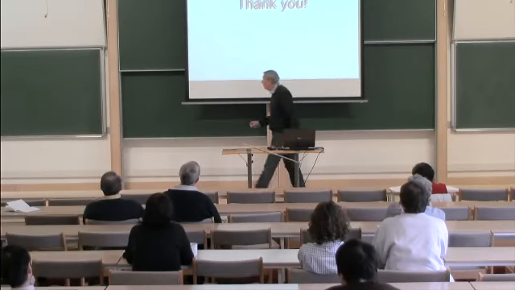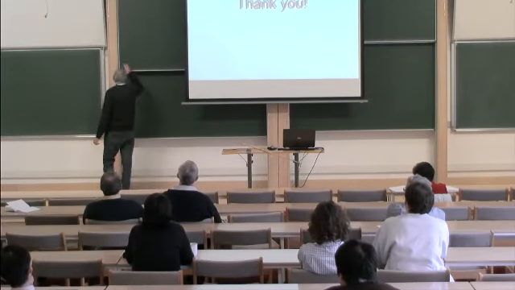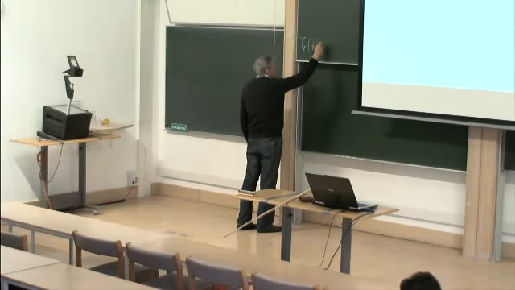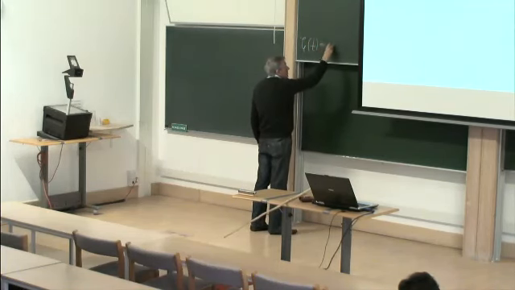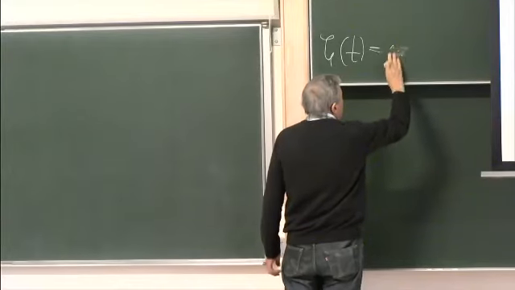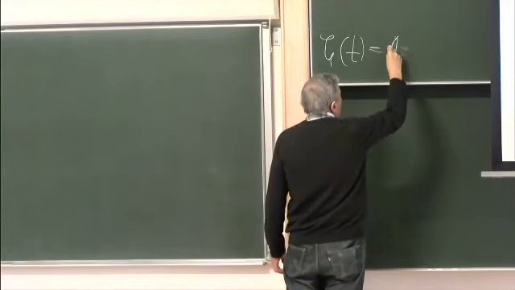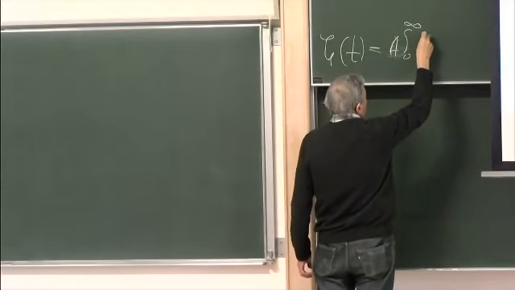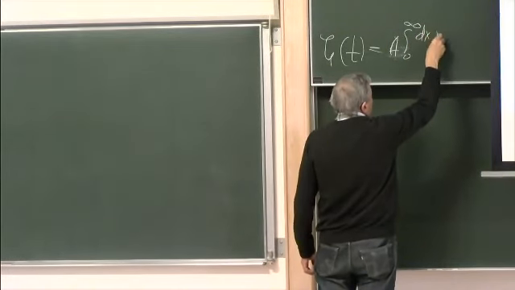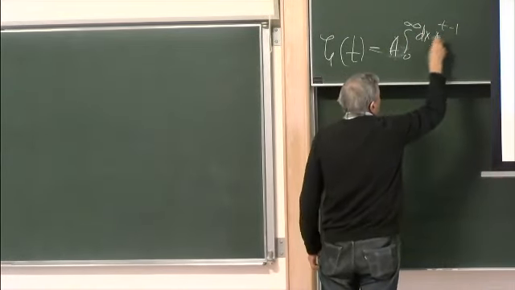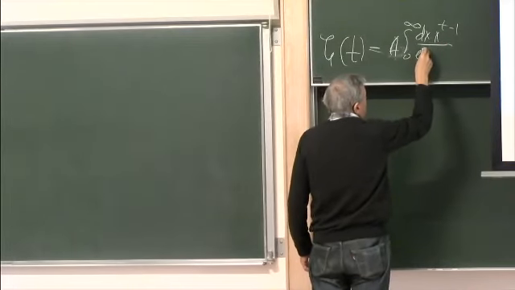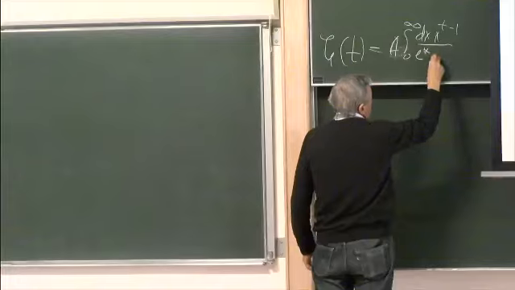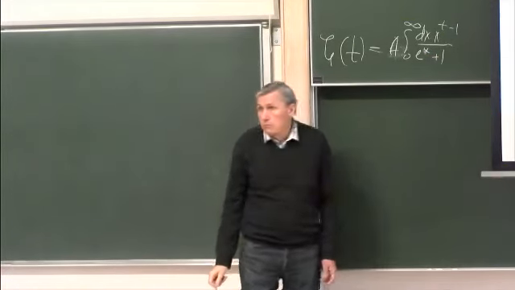So zeta of c, up to some constant which does not matter, is the integral from 0 to infinity of x to the c minus 1 divided by e to the x plus 1.